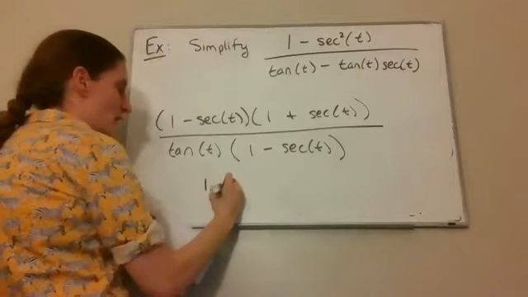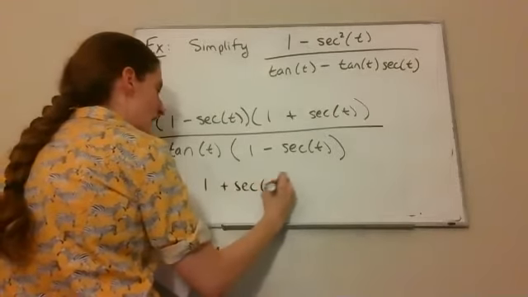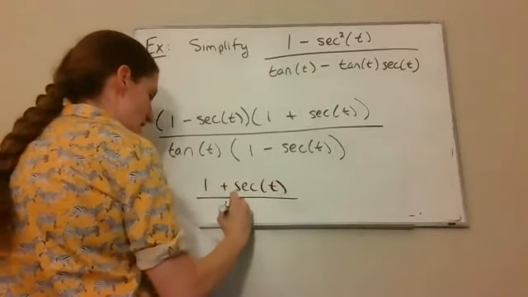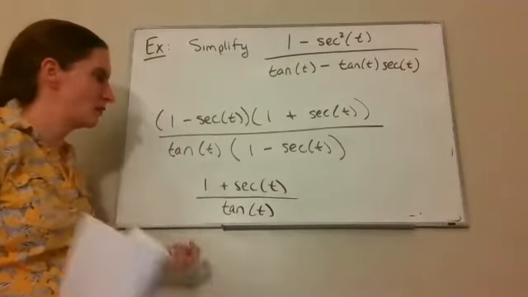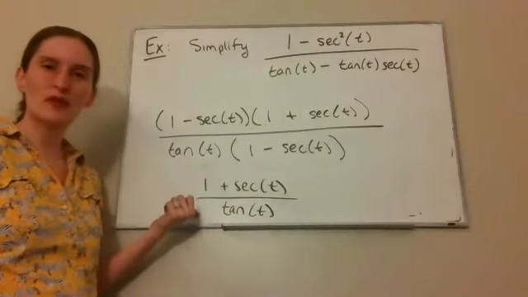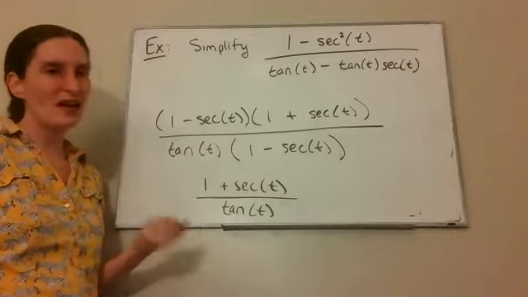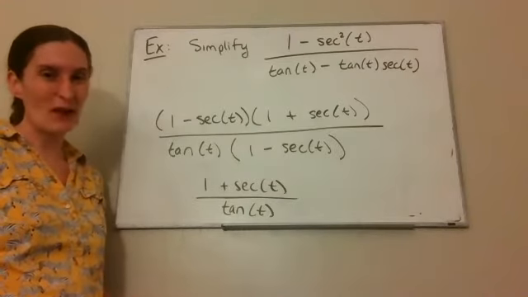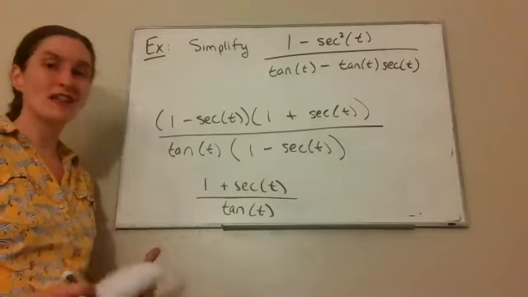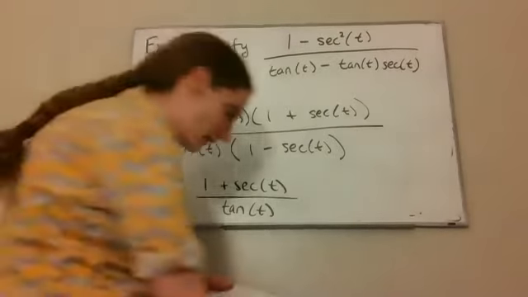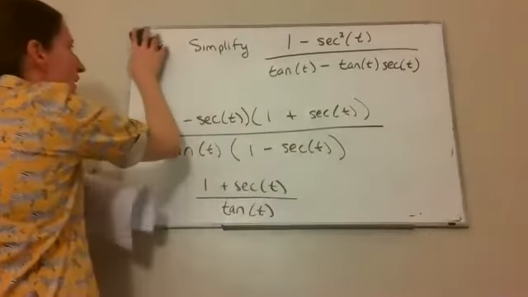And I just have 1 plus secant t on top, tangent t on the bottom. But now we can simplify some more. This is simpler than where we started, but I don't have it as simple as possible. I still have a fraction, it's still a little complicated. So now let's rewrite this using sines and cosines and see if we can simplify it more.